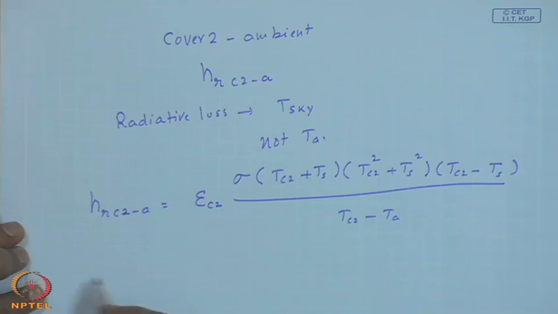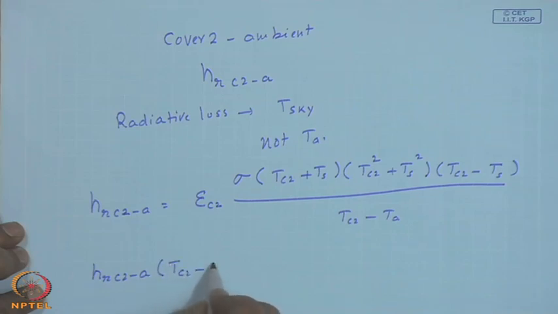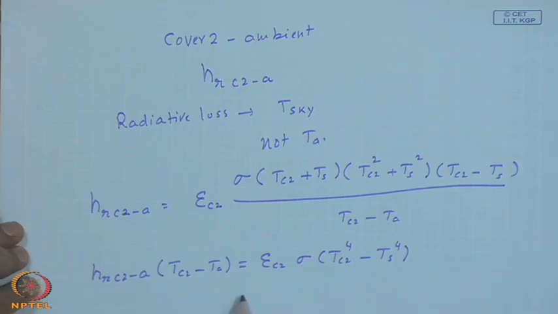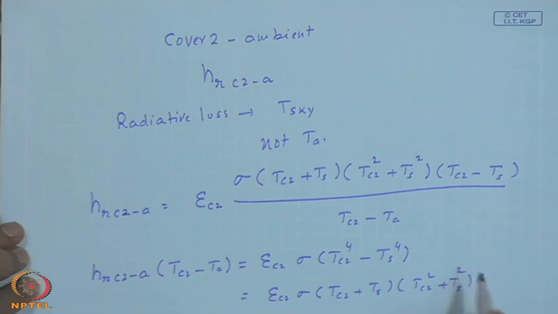What all we tried to do was the radiative loss with a heat transfer coefficient of HRC2A from TC2 to TA has been expressed as equivalent to epsilon C2 sigma into Tc2 to the power 4 minus T sky to the power 4, which is nothing but epsilon C2 sigma times Tc2 plus Ts times Tc2 square plus Ts square times Tc2 minus Ts.